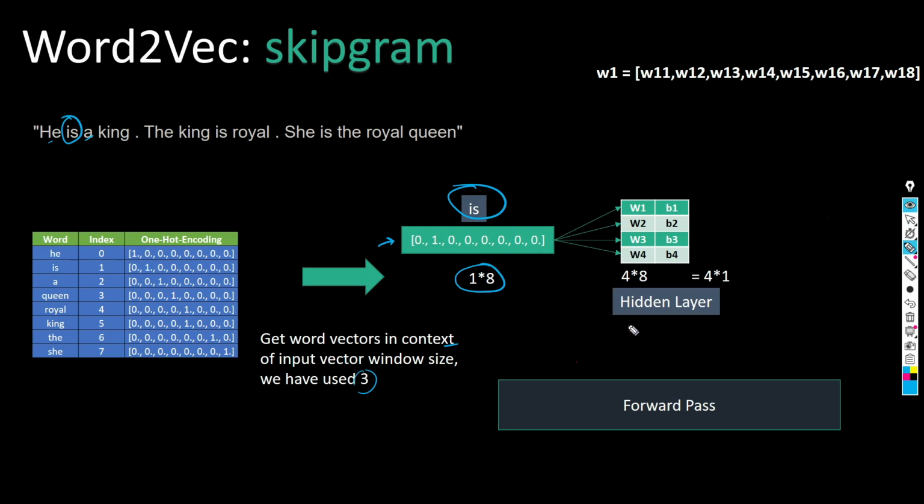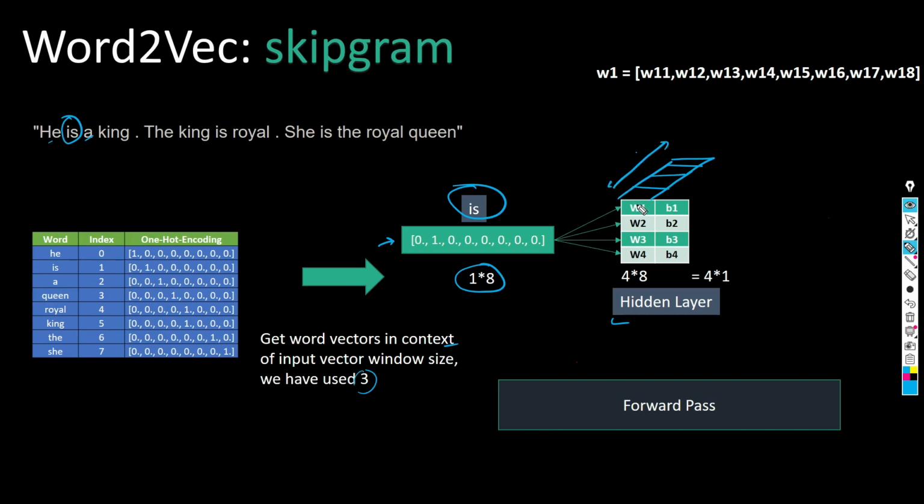Now here is the hidden layer of our neural network. Within this hidden layer we have 4 weights, W1, W2, W3, W4, and then 4 biases, B1, B2, B3 and B4. As I'm showing you this in 2 dimensions, it is not a 2-dimensional vector in actuality. This W vector is a 3-dimensional vector, and the third dimension is the dimension of 8 vectors.